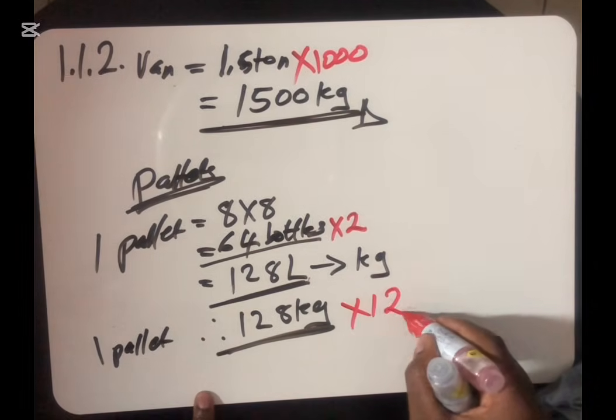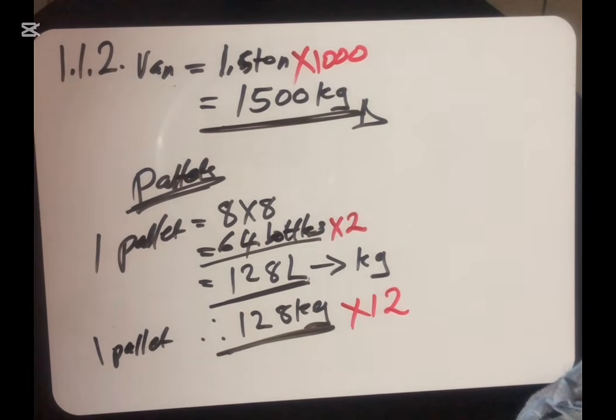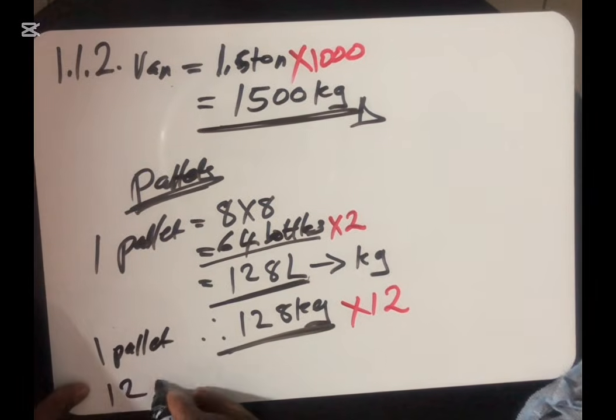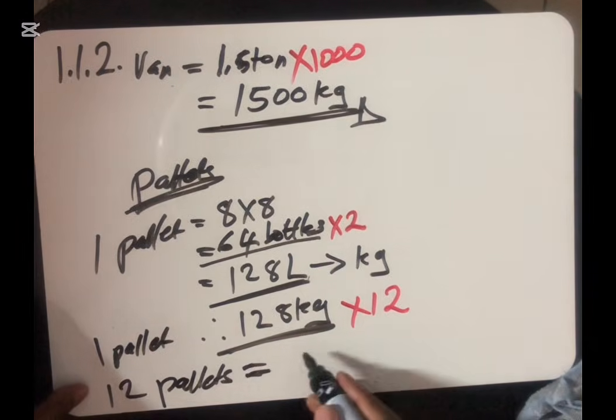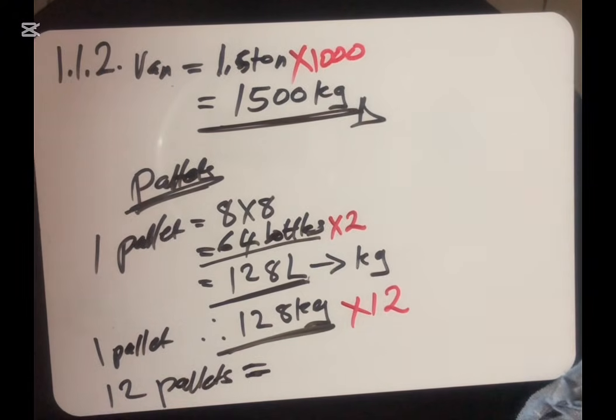We multiply this by 12 to find the total weight of 12 pallets. If the weight that we get here is greater than 1,500, we are going to say the claim is invalid. But if it's less than 1,500, we're going to say that the claim is correct. 128 multiplied by 12.